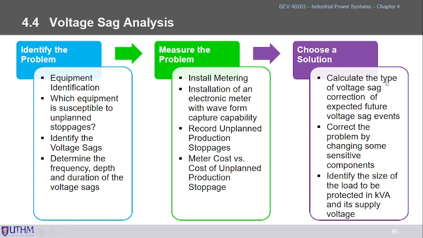And of course we can calculate the type of the voltage sag corrections, and then we correct the problem by changing some sensitive components to less voltage sensitive components, and then we identify the size of the loads to be protected. This one is using the protections for the voltage sag. So that means we can fine tune our setting at the relay there.